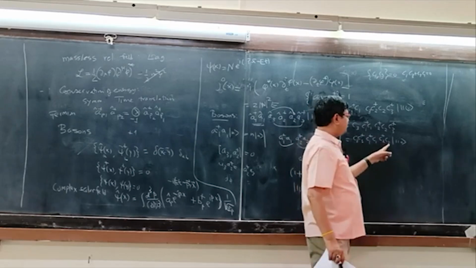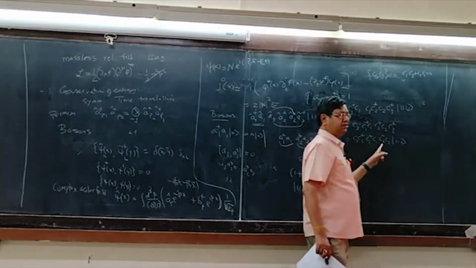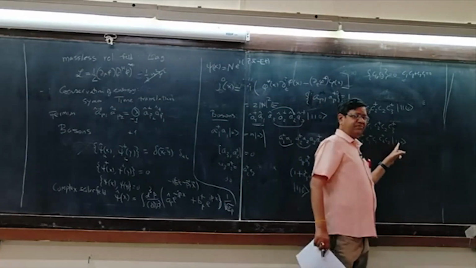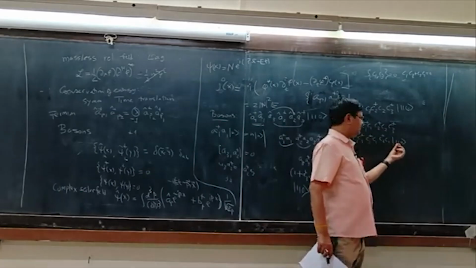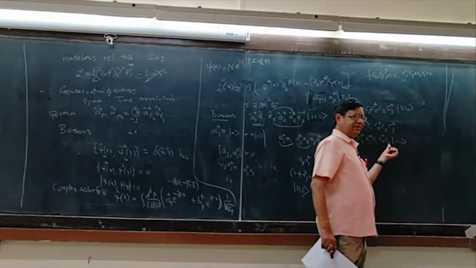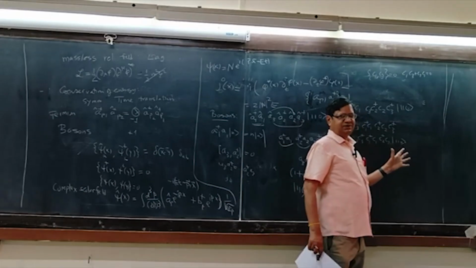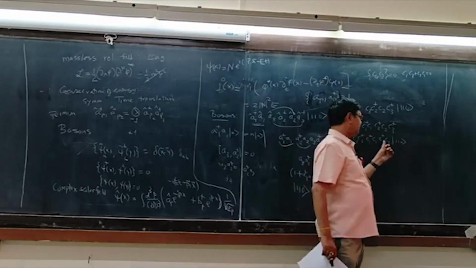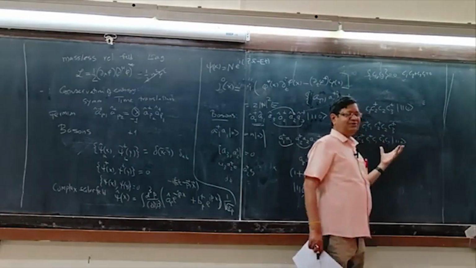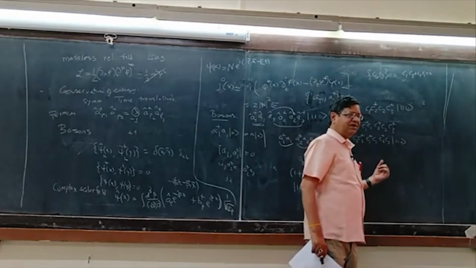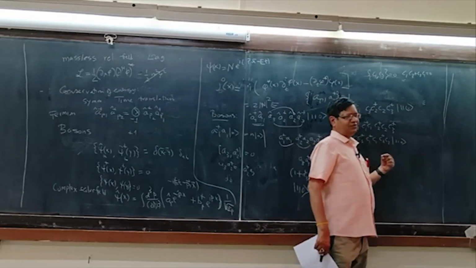Now it is in a nice form. So what about C2 dagger, C2? So this is 1 here, right? So the one particle with momentum 2. So this will destroy and create. So it remains unchanged, right? This one is a number operator. C2 dagger, C2 is a number operator even for fermions.